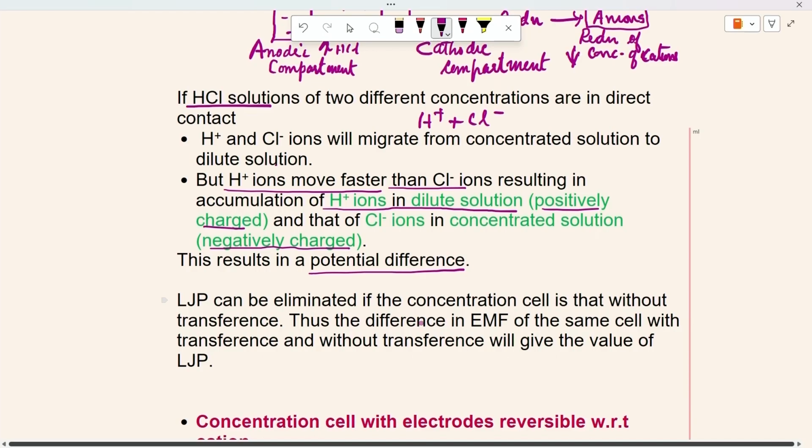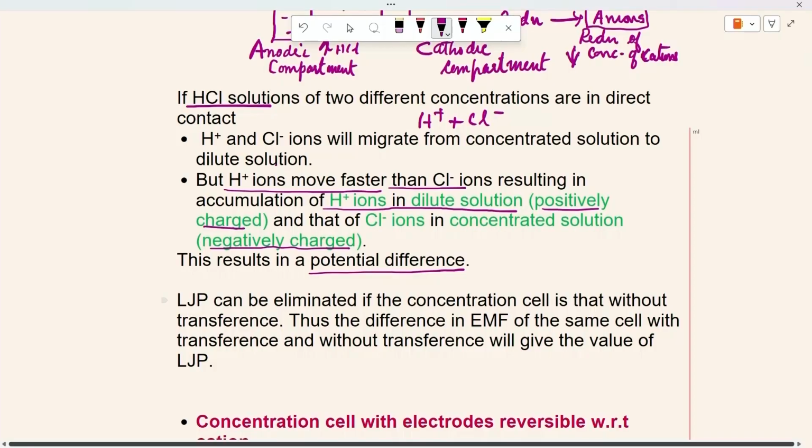Or you can have it both ways, that is, you are having either solutions with the same cation and anion speeds, or you are going to keep it without transference, that is, using a salt bridge. Now, a cell with transference has a liquid junction potential and a cell without transference does not. So, the difference of potential of these two cells will give you the measure of the liquid junction potential, provided it is the same cell.